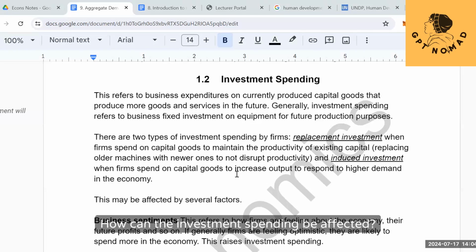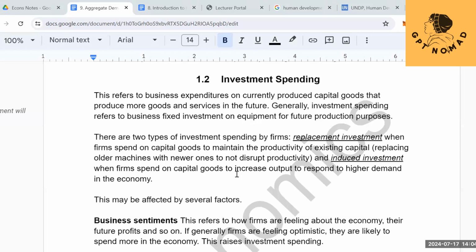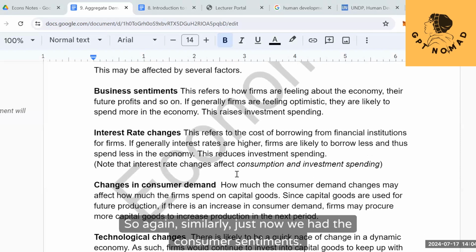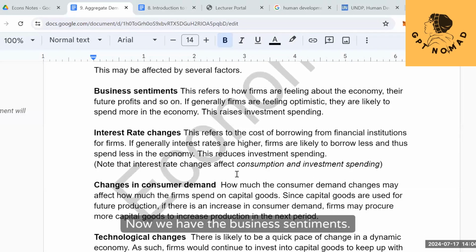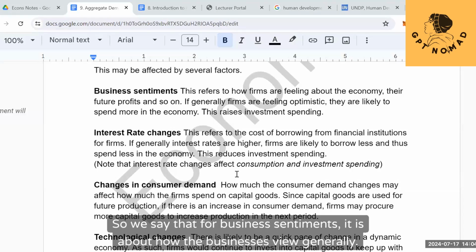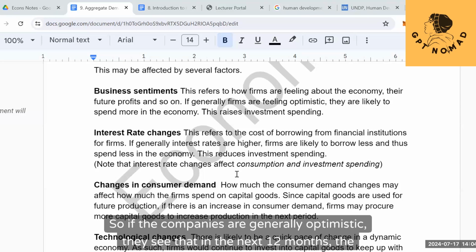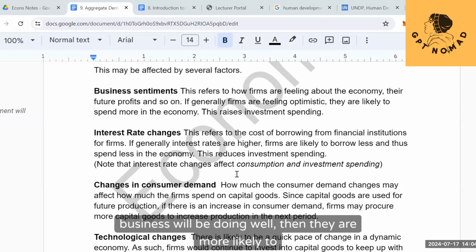How can the investment spending be affected, right? So again, similarly, just now we had the consumer sentiments. Now we have the business sentiments. So for business sentiments, it is about how the businesses feel generally, right? So if the companies are generally optimistic, they see that in the next 12 months the business will be doing well, then they are more likely to expand.